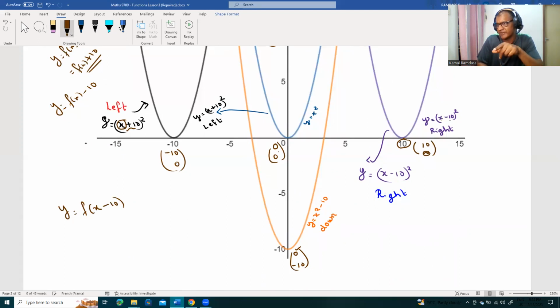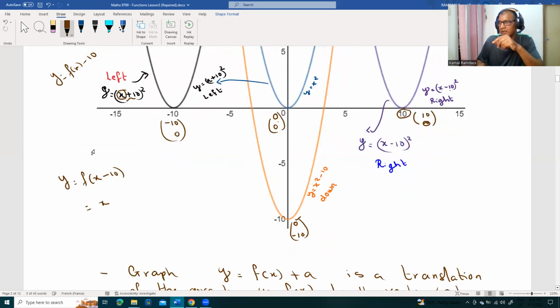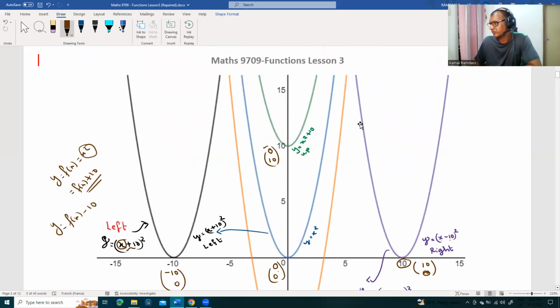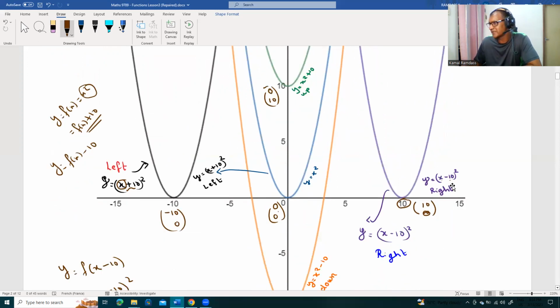Moins 10, il peut aller à droite. Ça veut dire, parce que f of x c'était x square, je remplace x par x minus 10 to the square. On prend y is equal to x square, on va 10 units to the right, c'est x minus 10 to the square.